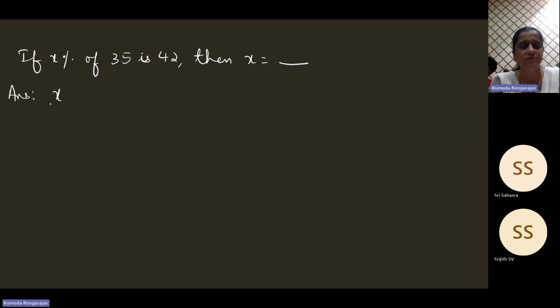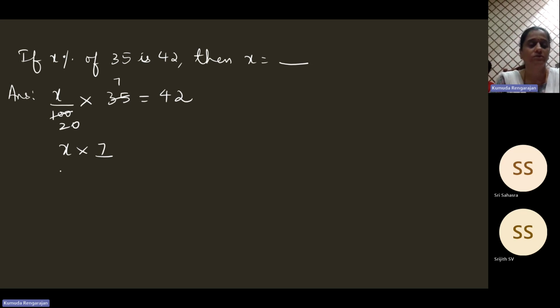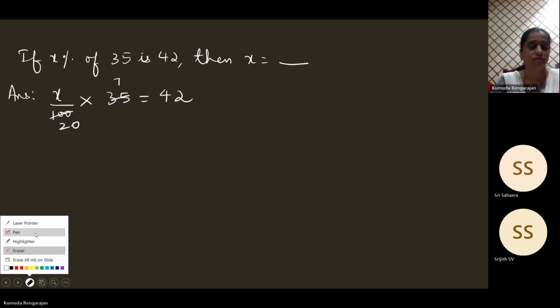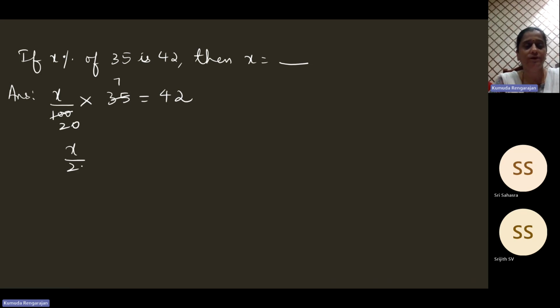So X percent means X by 100. Of stands for multiplication. 35 is equal to 42. So 5, 7s are 35, 5, 20s are 100. So we have X by 20 into 7 is equal to 42. So X is equal to what?